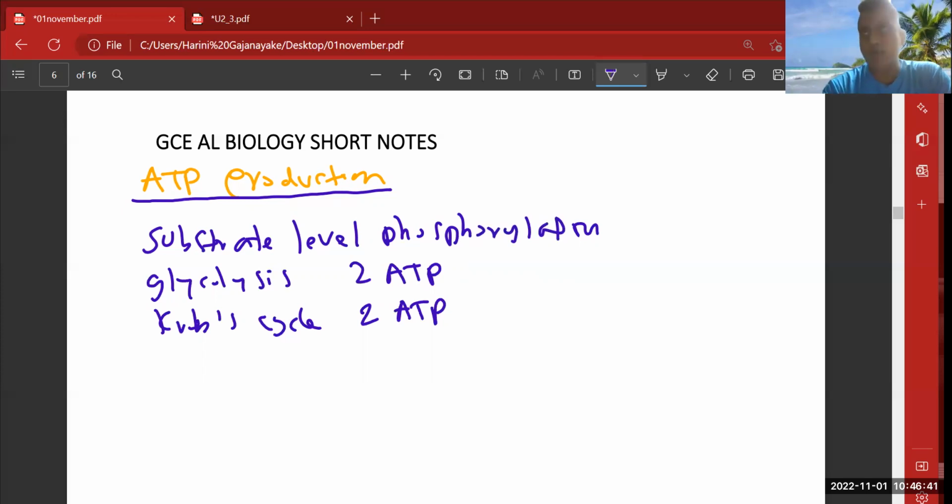The rest is all formed by oxidative phosphorylation.